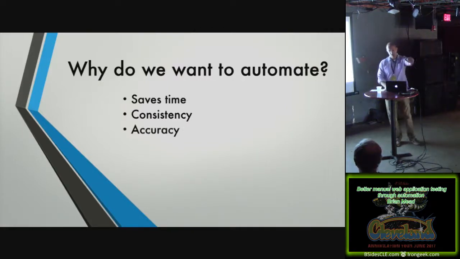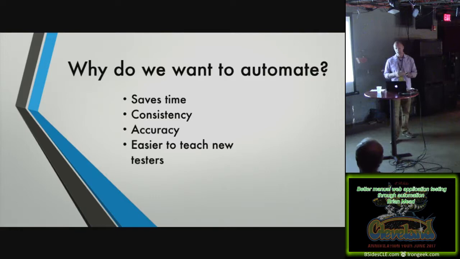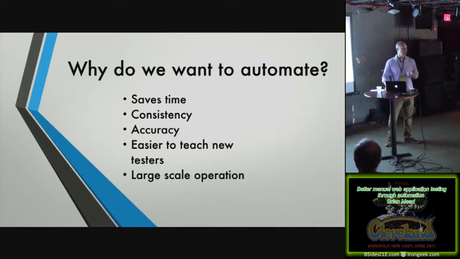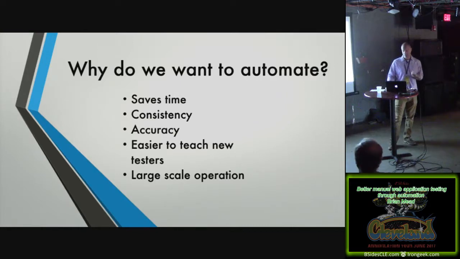You can go back to the client and say, "Hey, this is what I did because I did this. I do this every single time." It's also easier to teach new testers. If someone's just getting into testing web applications, it's a great teaching tool. And again, it scales very well. If you can do something small, then you can do something large if you've got a good plan in place.